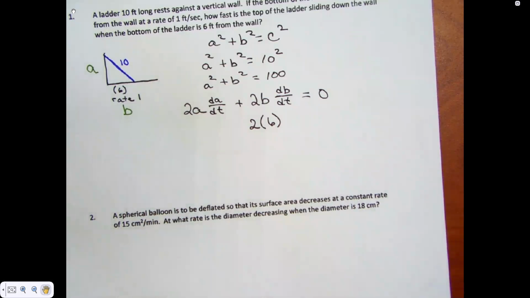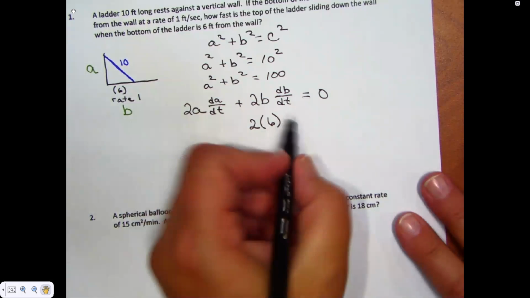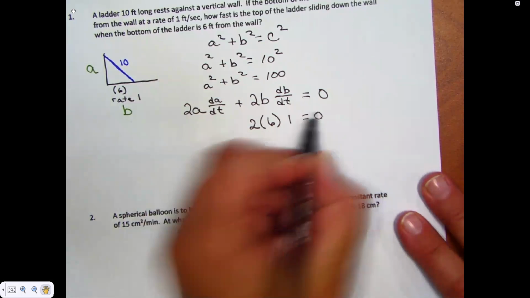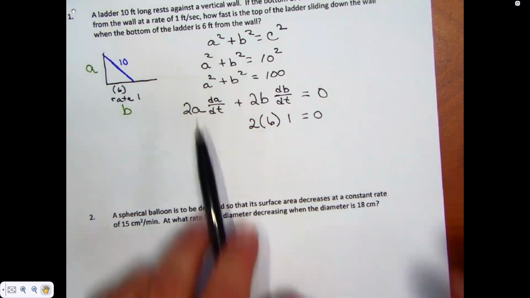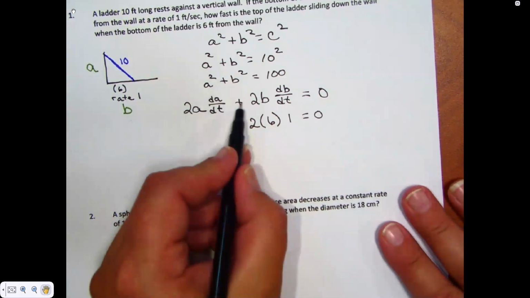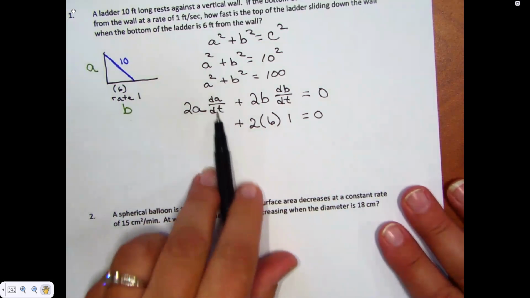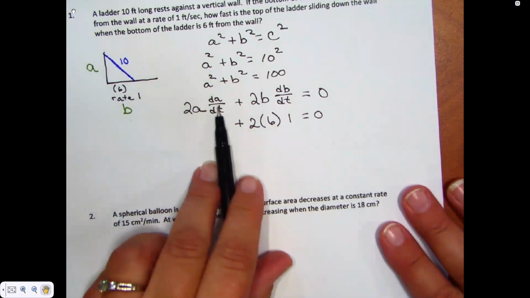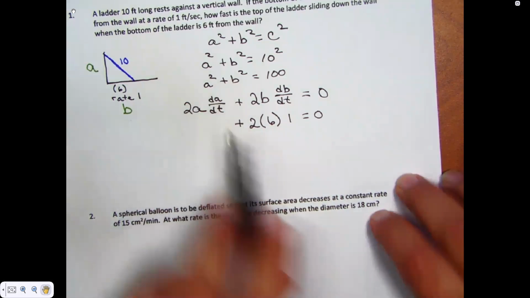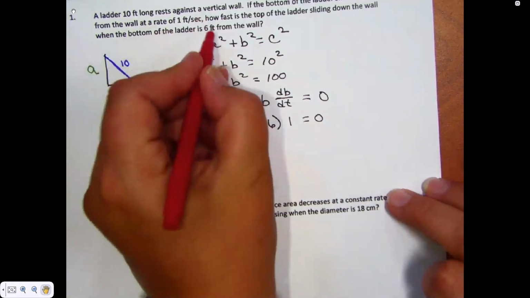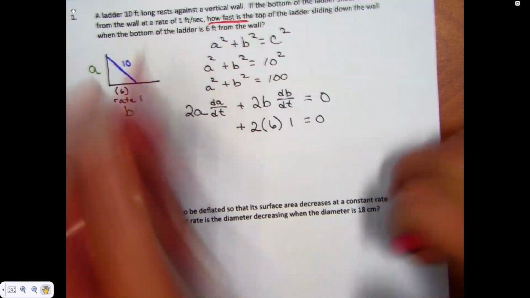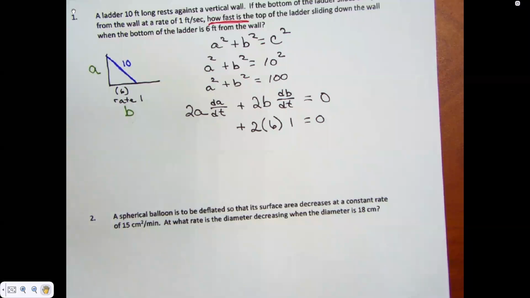What is its rate? 1. Okay, so now over here, here's our plus. Are we looking for A or are we looking for the rate? How fast? That means we're looking for the rate, okay?